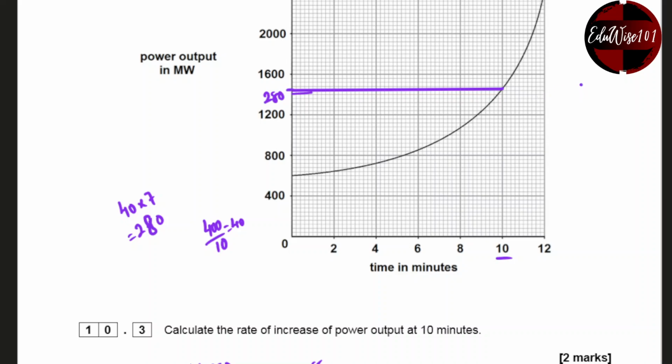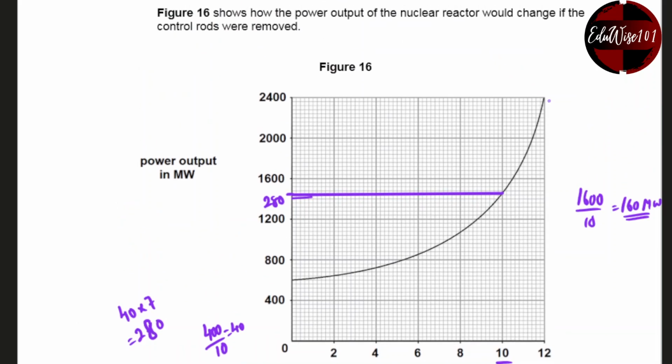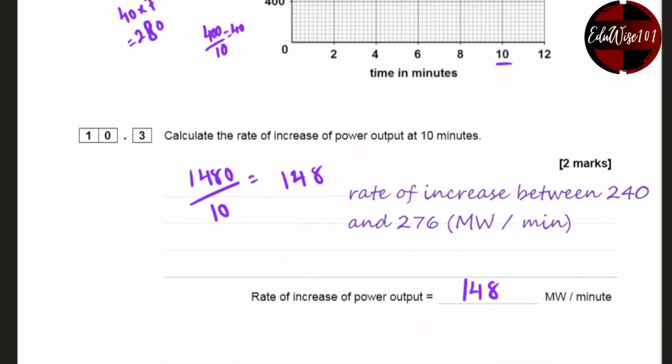So even if I divide 1600 by 10, that's 160 megawatts. So my answer is correct because for it to be between 240, we are looking at the graph at 12 minutes. So I think there's an error in the marking scheme, unless I am wrong somewhere.